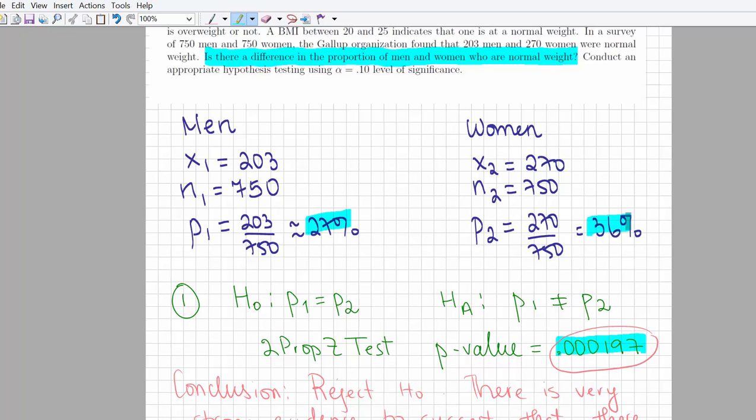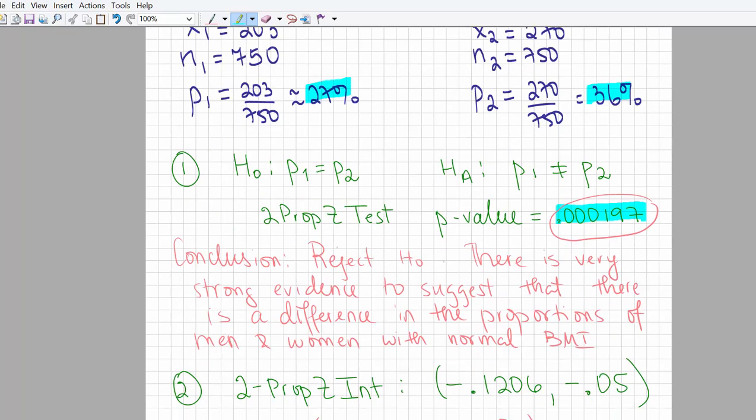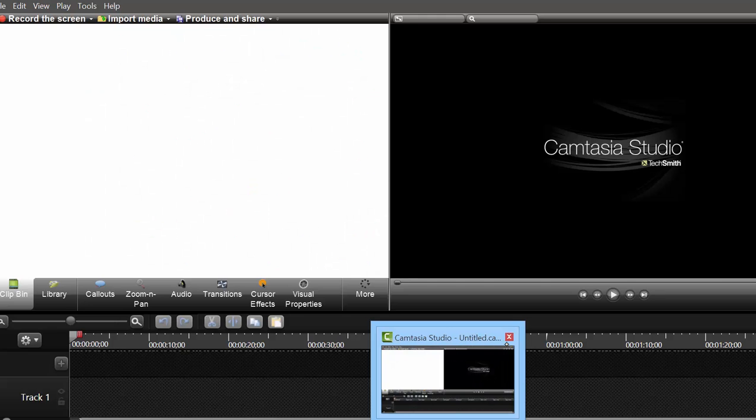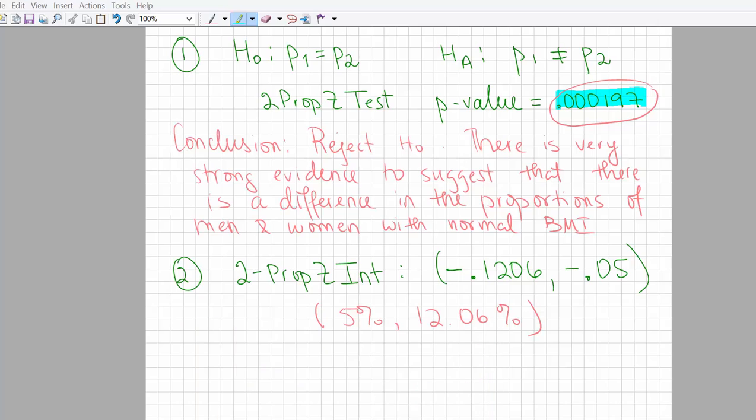So if you were to subtract 27 from 36, you're going to get a negative number, and there's nothing wrong with that. So with two proportions, hypothesis testing tells you if there is a difference between the two proportions, and the interval tells you what the difference is. And the difference is right here.